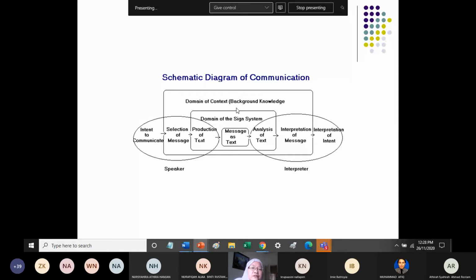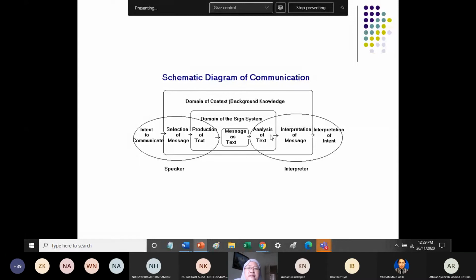He then unconsciously, in the language component of his brain, selects the kind of language which is suitable for his intention, and then he produces the language, or he writes. Then you have a message as text, and the interpreter is the person that receives the text.